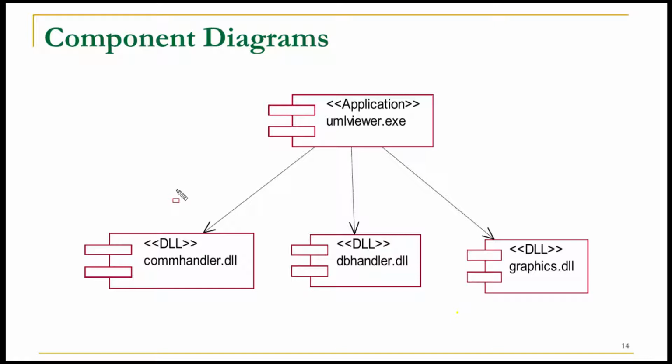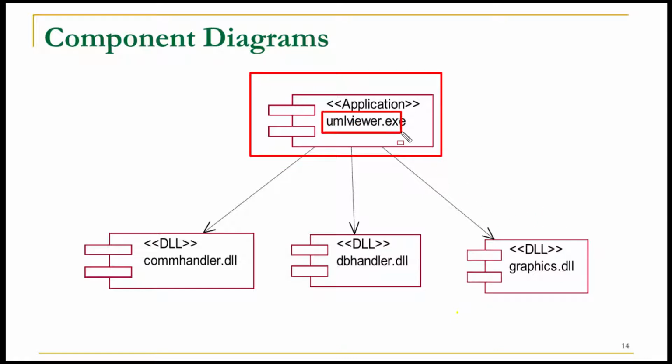So guys, this is one of the examples of the component diagram where we have the UML viewer component. This UML viewer component is like UMLviewer.exe. Please do not forget that this UMLviewer.exe is going to have a number of classes inside it which are making this a complete component.